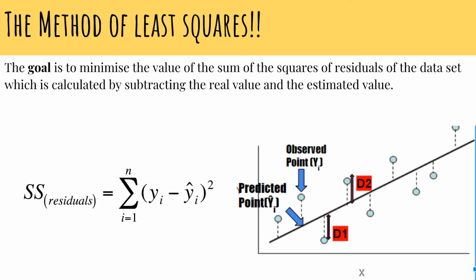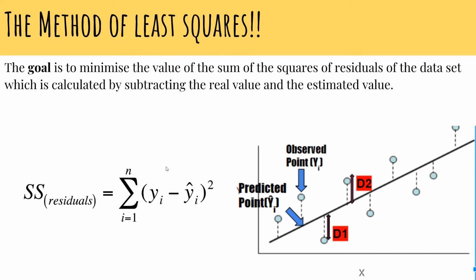Just to give you a brief revision of the method of least squares: what we try to do is assume, by using trial and error, a model which we randomly assign, and with respect to that model we try to calculate the residual values. Now, what is the residual value?